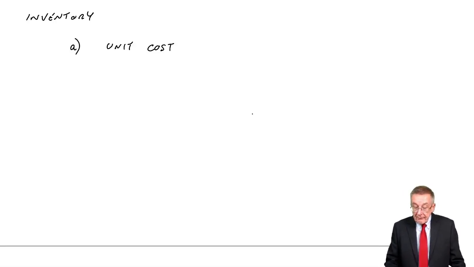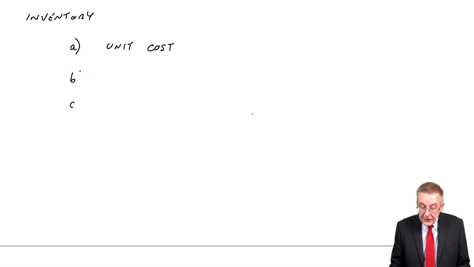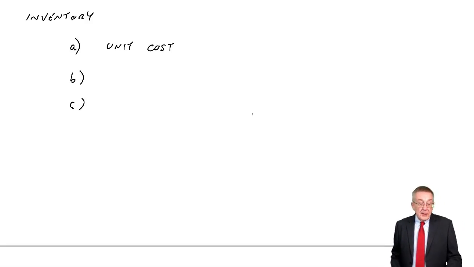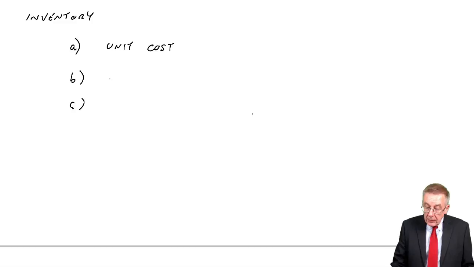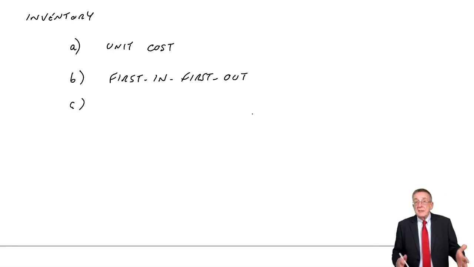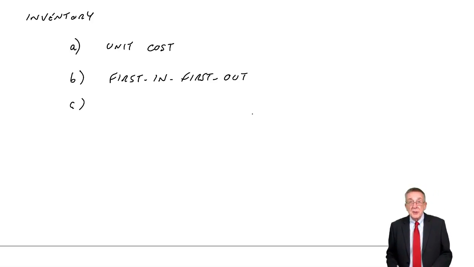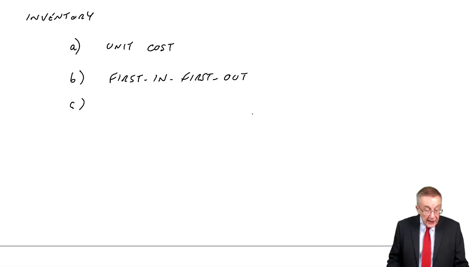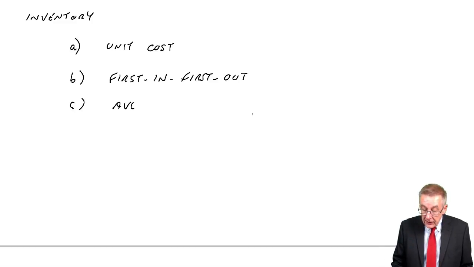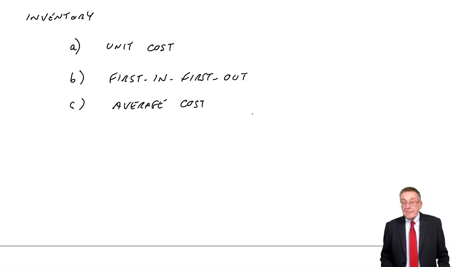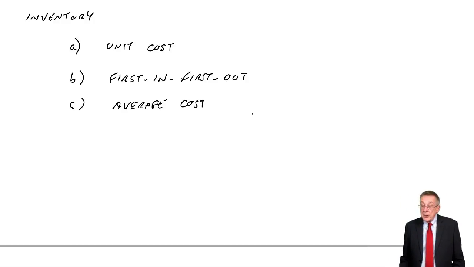Normally we won't, and therefore it's the second two. Something I've got to explain with an example, but we take what we call a first in, first out approach, which I can't explain in a few words. In a minute, I'll show you by example what that means and how we do it. Or alternatively, an average cost approach. Again, I'll show you that by example.